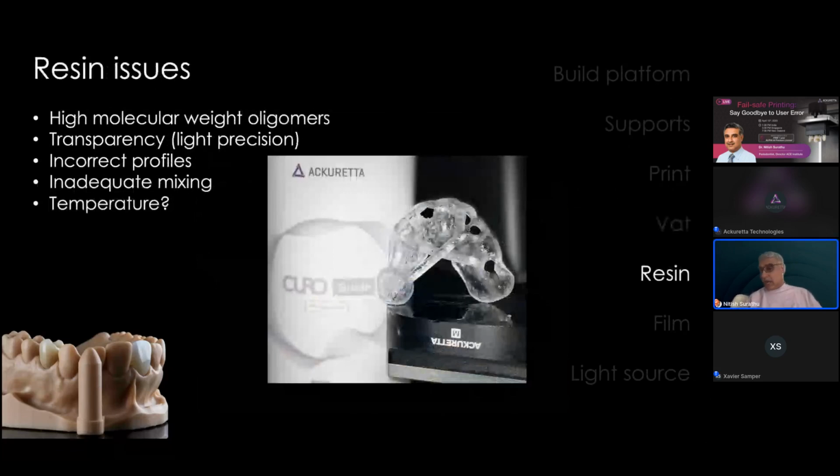Some resins are harder to print with, and these are typically resins that contain things like glycols, or usually they're high molecular weight oligomers, and these are typical of surgical guide resins, splint resins. These resins are quite heavy as well, quite viscous as well. They're also transparent, which means that the printer struggles for light precision.